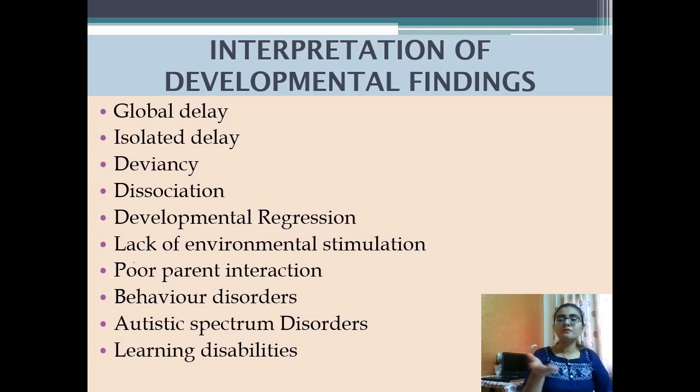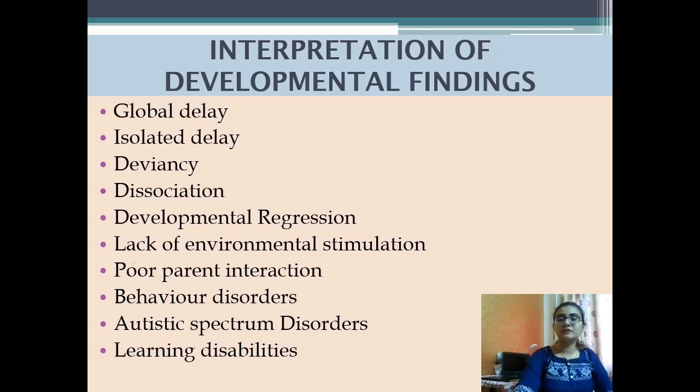Then lack of environmental stimulation. These are some common factors which you already know: poor parent interaction, behavioral disorders, autistic children, learning disabilities like dysgraphia, dyslexia. If a child has these things, all these should also be seen, and you can easily interpret these things if you know these terms, right?